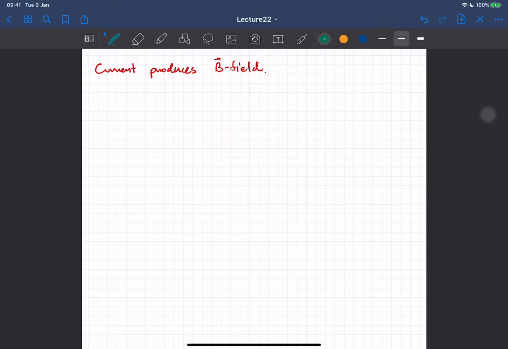So let's say we have a wire, not necessarily a straight wire, but in any case it has a current going through the wire given by I, like this. By the way, the formula that I'm going to write down is called the Biot-Savart law. It's going to look quite complicated. I'm going to say now that it's not going to be on the exam.